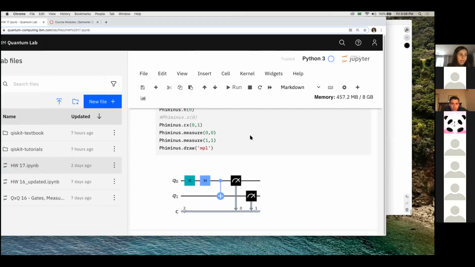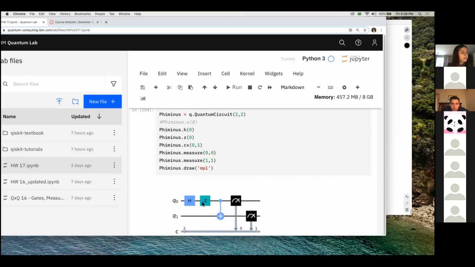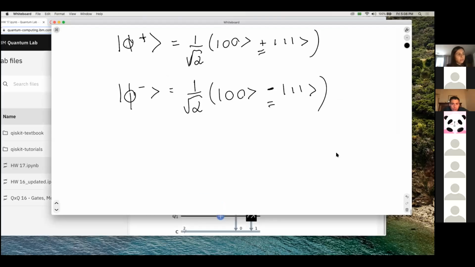Another way to generate this state is adding a Z gate after the Hadamard gate. This also introduces the minus sign, and I'm going to show you mathematically how.